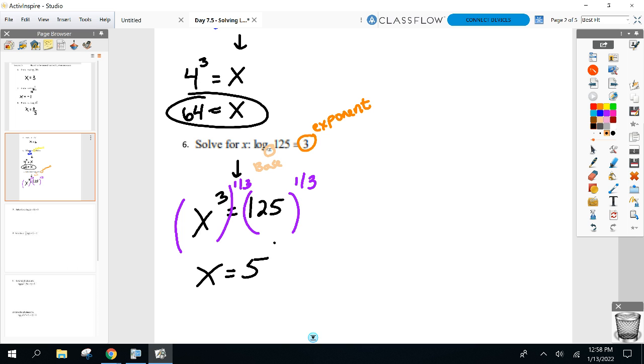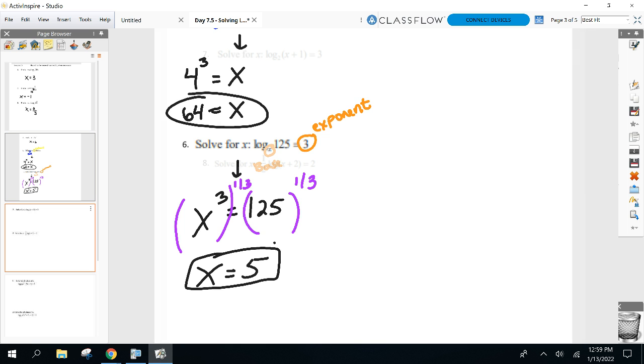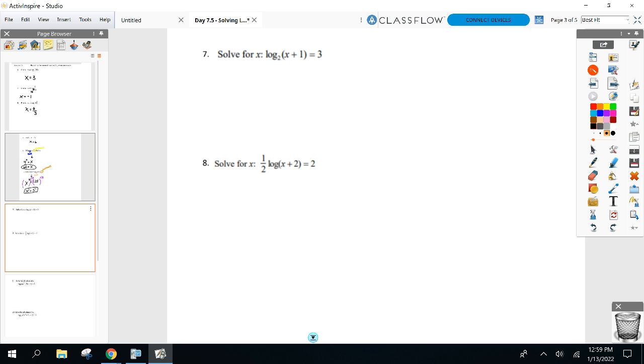Look good? Check. Elliot, yep. Equal to 3 in your calculator? Did I press the buttons wrong or something? No, it's 125, not 25. All right, let's keep moving.